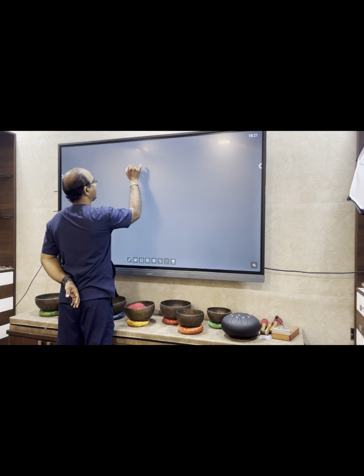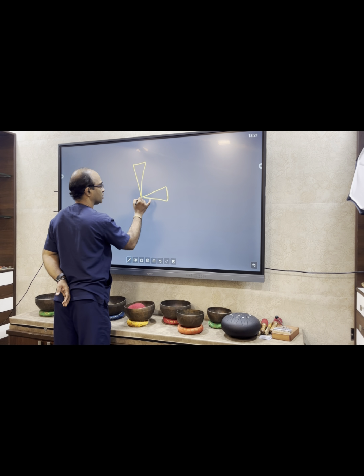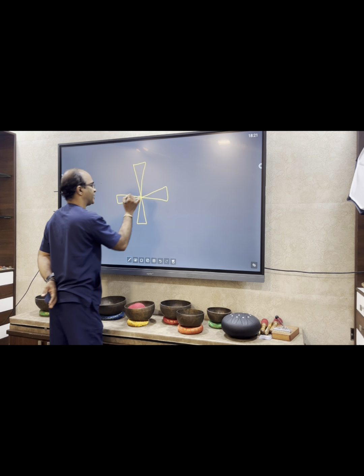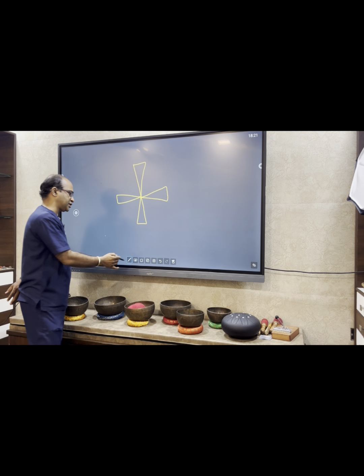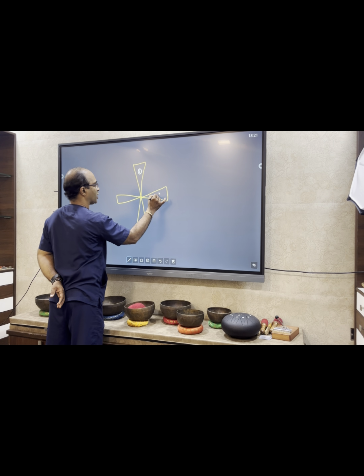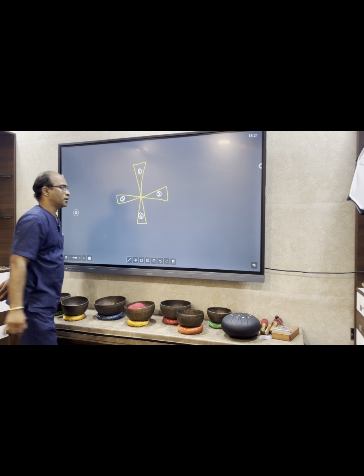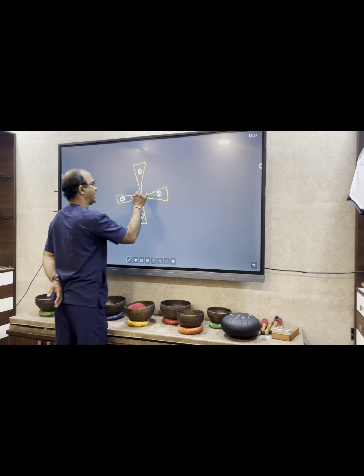So now I have taken north, east, south, west. We have seen about these four zones: 1, 2, 3, 4. Now let's go ahead with the next four zones.